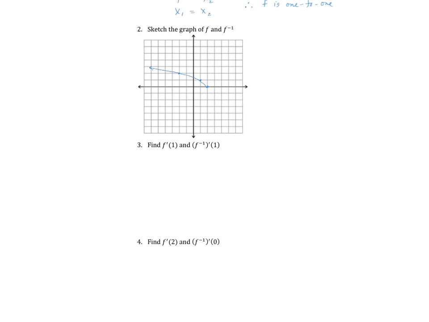So the inverse function, we exchange x's and y's. So if this is the point 2, 0, and here we have 1, 1, and then at this point here this was negative 2, 2, then my inverse function is going to pass through 0, 2, 1, 1, 2, negative 2.